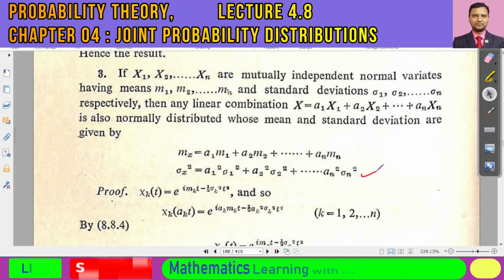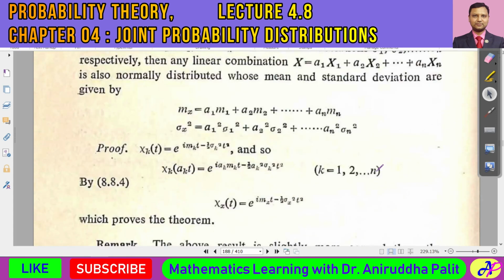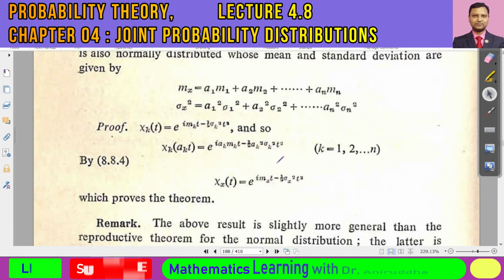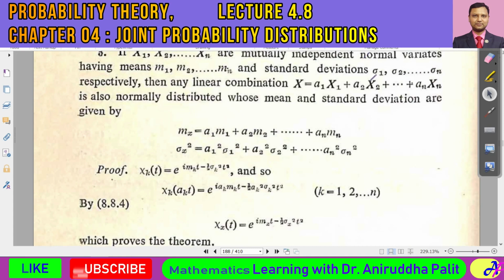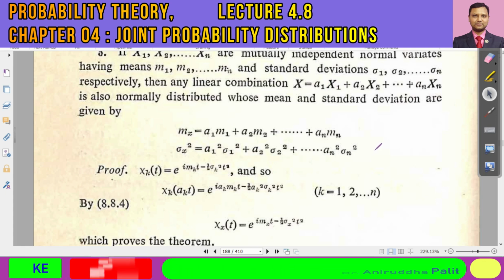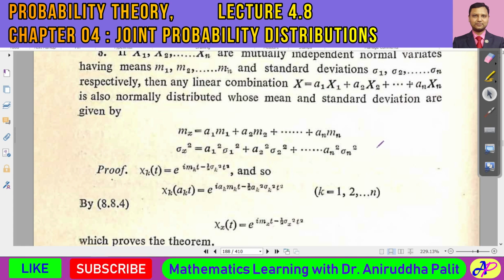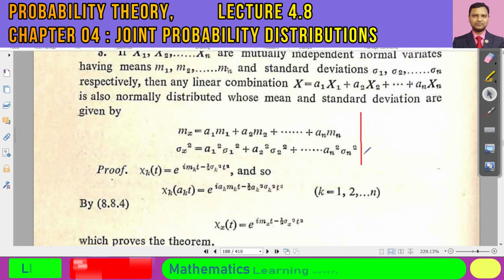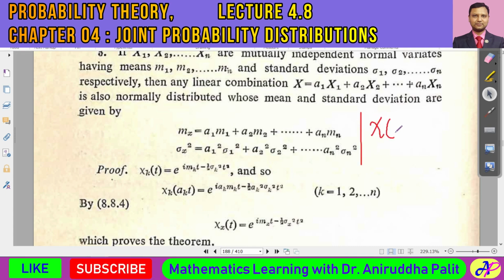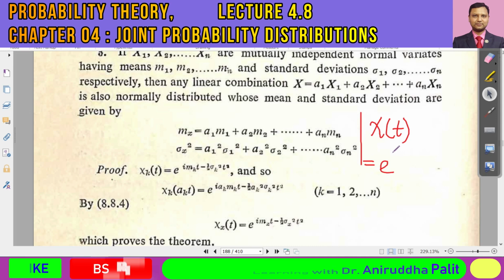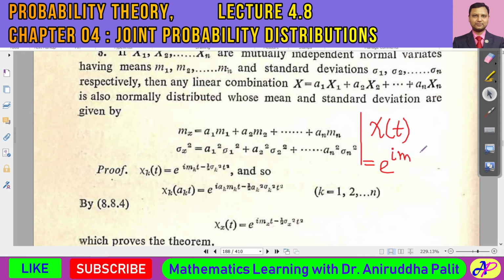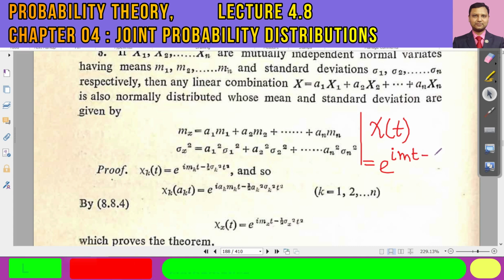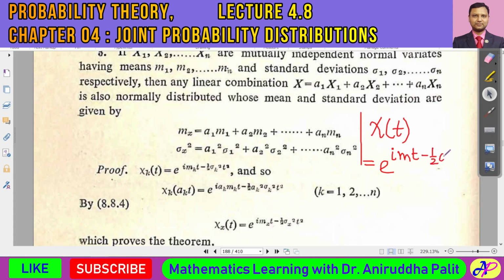Got it? And from this relation we can prove the characteristic function. We know that the characteristic function of a variable following the normal distribution can be written in this way: it is equal to e to the power of i m t minus half sigma square t square.